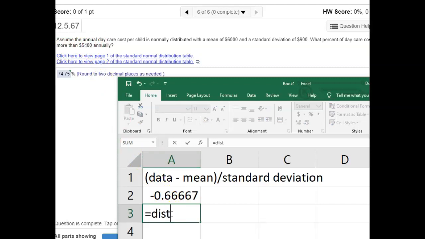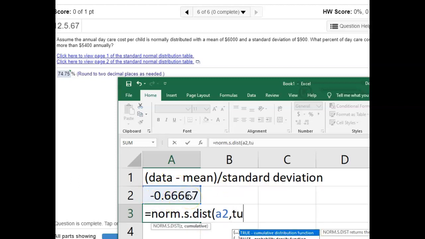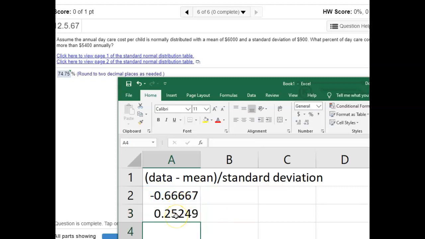If we use the table or Excel, NORM.S.DIST, and we type in our answer here for our z-score, and then we have to type in TRUE in Excel. That answer we get back is the percentage of data that is less than this given z-score.